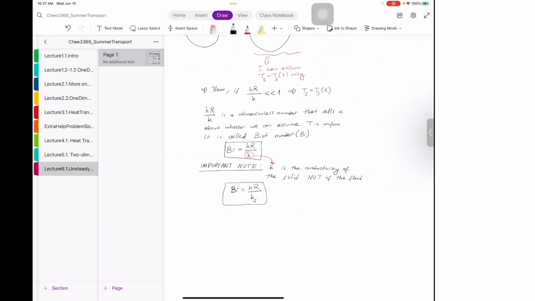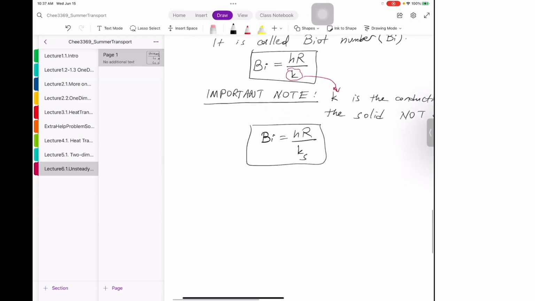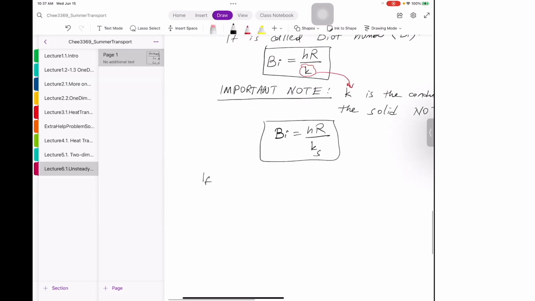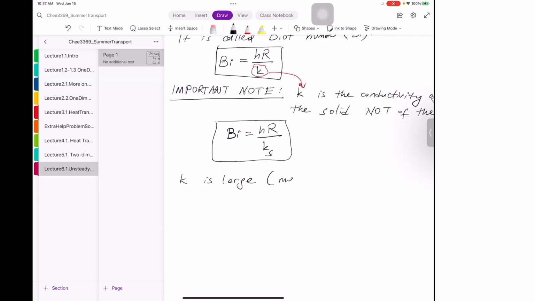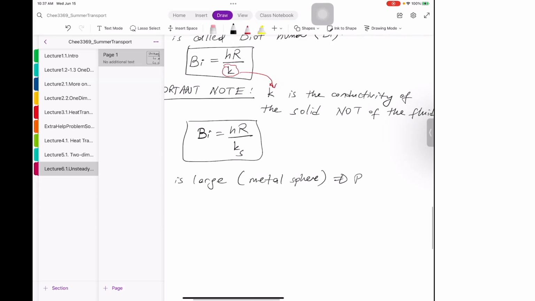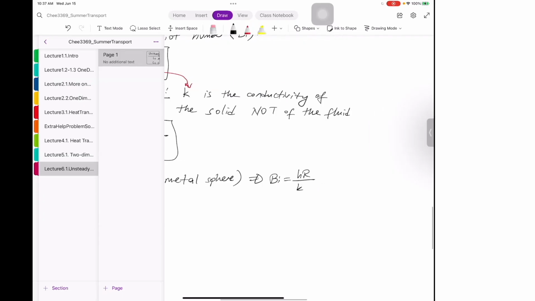It tells us the following: if k is large, for example, if it's a really good conductor, such as a metal sphere, it means the Biot number is small.